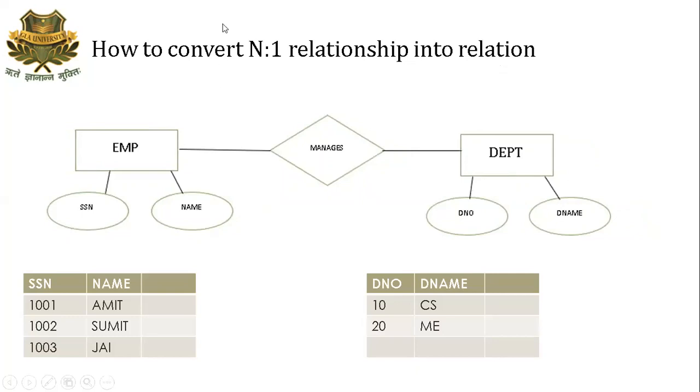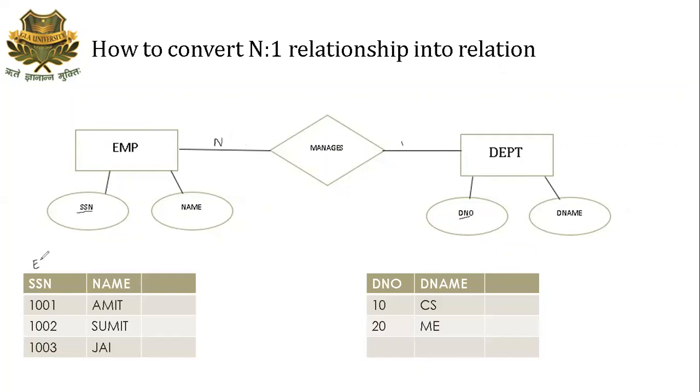So what happened over here in this slide? This is the n:1 relationship, and department number is the primary key over here, and social security number is the primary key. So what I did over here, I just took two relations.